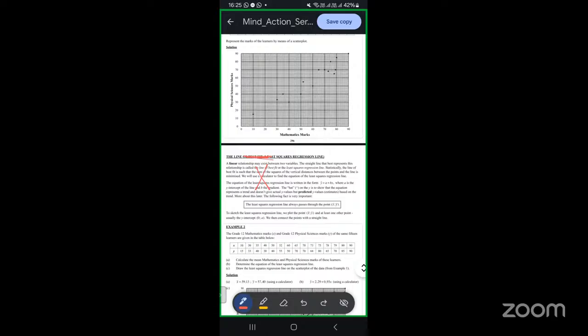Therefore, now this is going to be the mean for that data that they said it's for the x-axis, for the math marks, and then this one is going to be the mean for this data. Yes, sir.